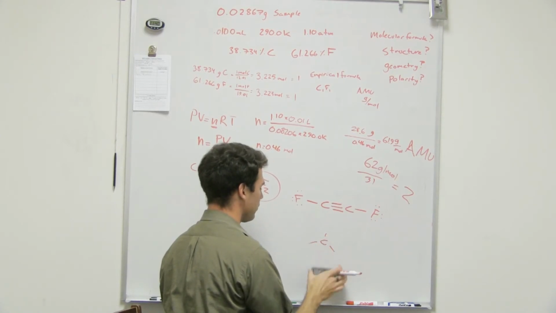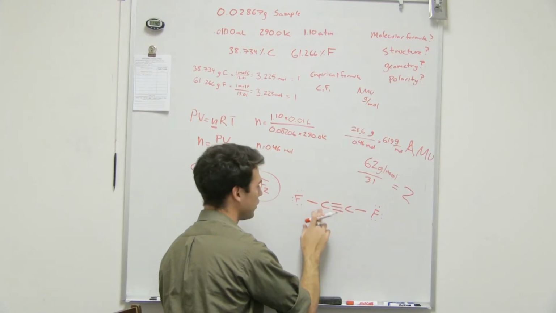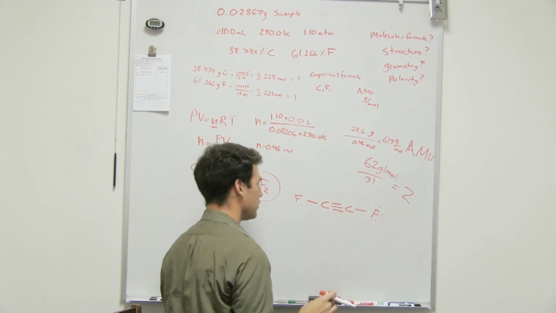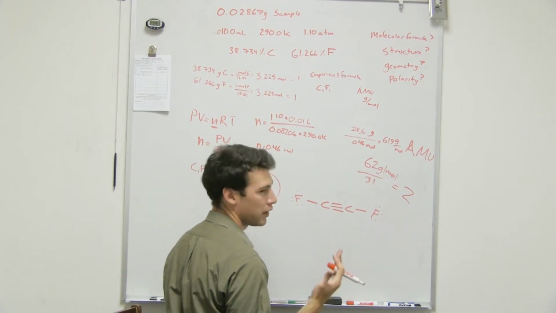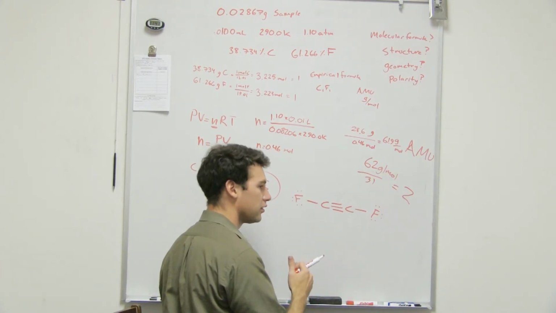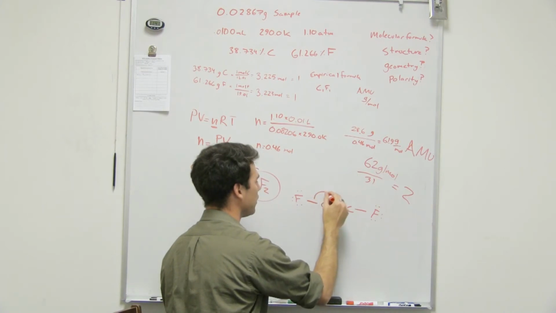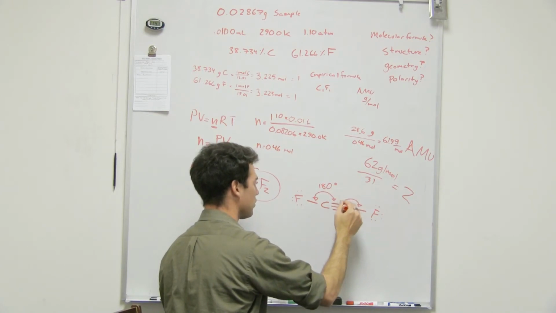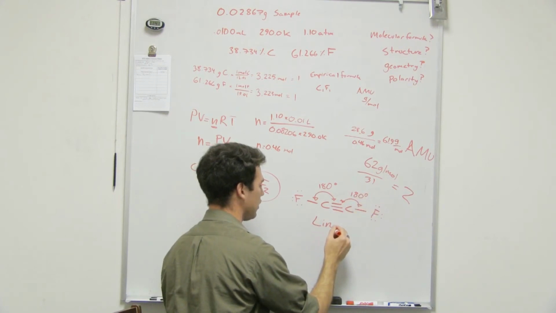How many things are attached to this carbon? 2. How about this carbon? 2. So it's not going to be trigonal because it would need 3 things. It's not tetrahedral because it would need 4. So this guy is linear. This angle right here is going to be a perfect 180, as well as this angle right here. So we would call it linear.